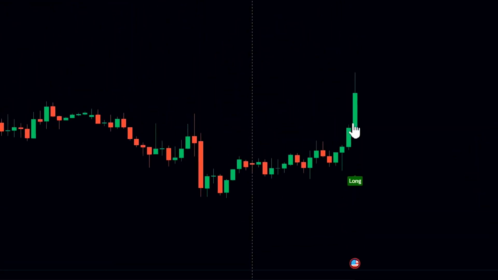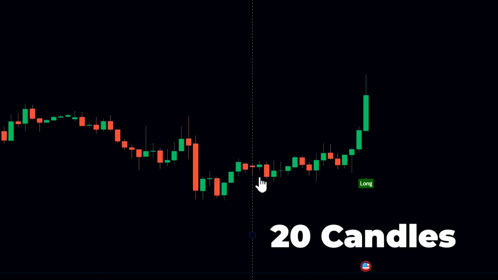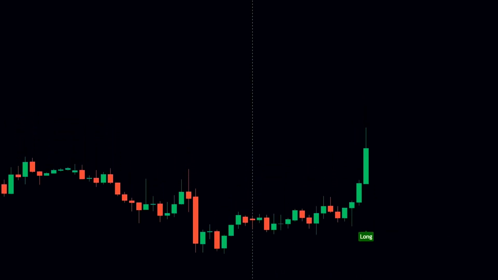Now, wait for the histogram to turn green. Again, count up to 20 candles. If it doesn't turn green, the trade is invalid.